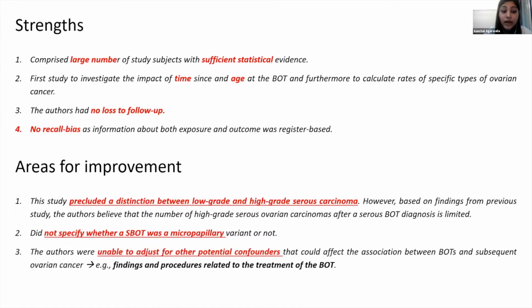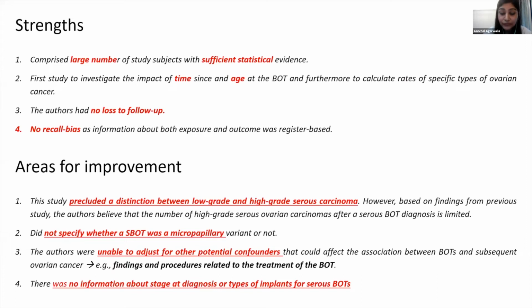The authors were unable to adjust for other potential confounders that could have affected the association between borderline tumors and subsequent ovarian cancer, for example, findings and procedures related to the treatment of the borderline tumors. And there was no information about the stage of diagnosis or the specific types of implants of serous borderline tumor, because the latter is also regarded as a low-grade serous borderline tumor according to the latest WHO.